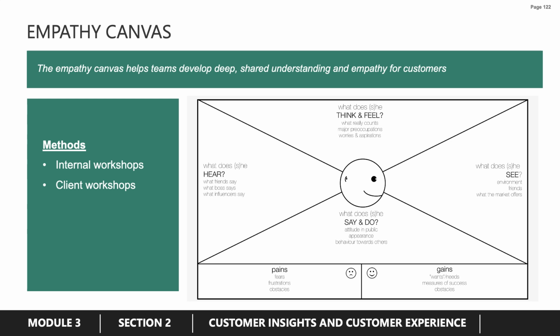And of course, a lot of this is driven by the need to identify their pains, things that cause them fears, frustration or obstacles. Now, obstacles can be obstacles in terms of how they get their job done, what's frustrating them, what they find difficult to do, what their wants are, how they measure success.